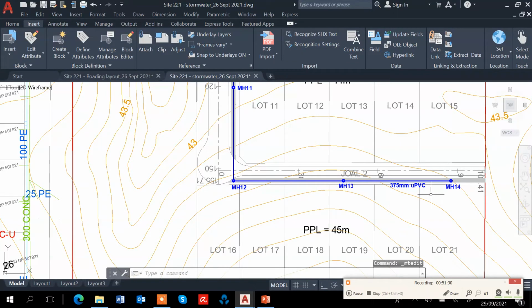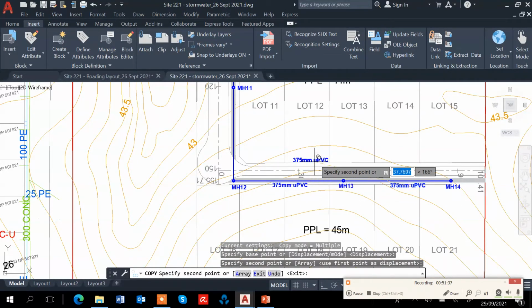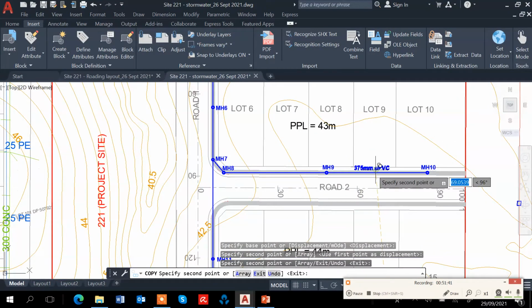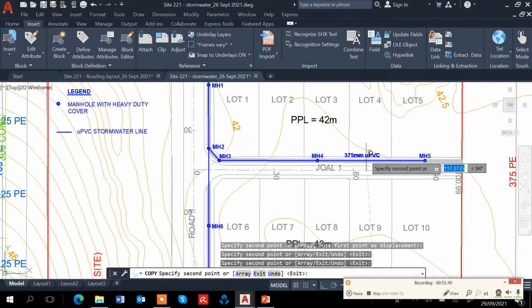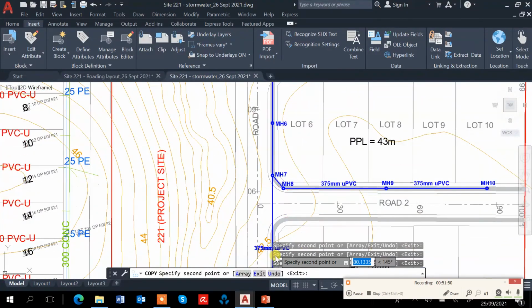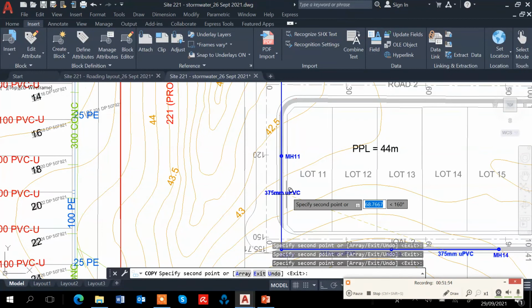So I can copy to this one as well, and then this one's 375 UPVC, and then this one's 375 UPVC as well. And then this one also 375 UPVC.